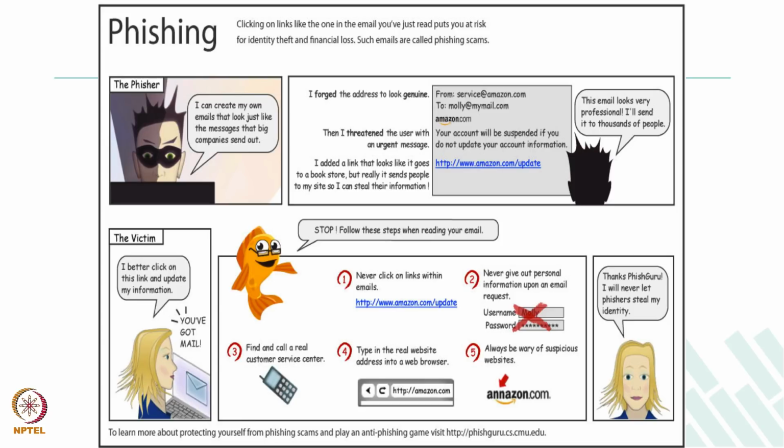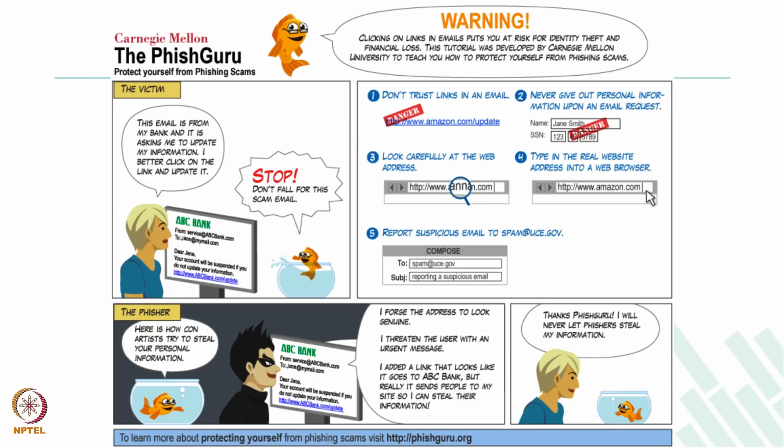The fisher, the victim, all information is just the same. We just changed the character there. And even in this case, we were modifying the instructions to look very different. For example, in this design, there's only fisher, victim, and fish guru. Look at this design. The fisher character is changed, the victim character is changed to some extent, and the information is presented slightly differently, where the instructions have come on the top right.